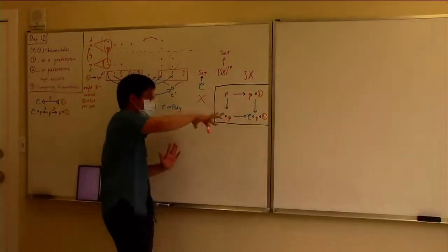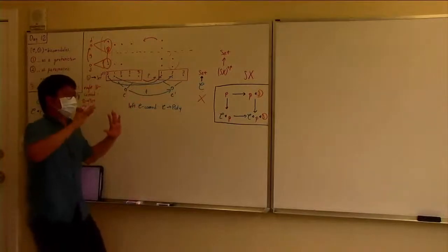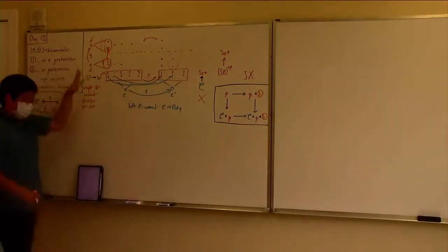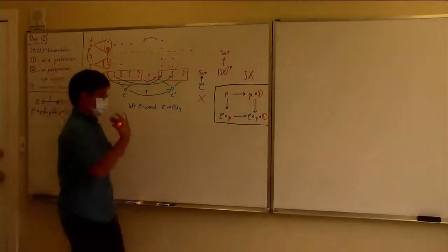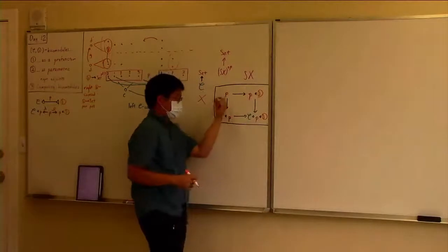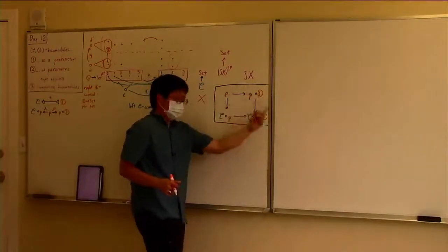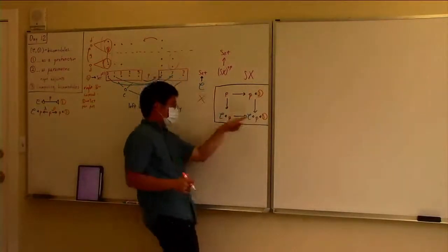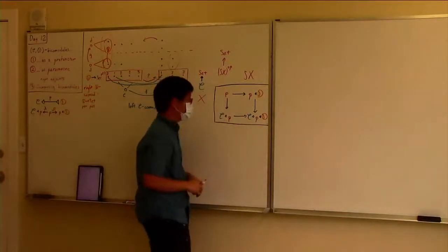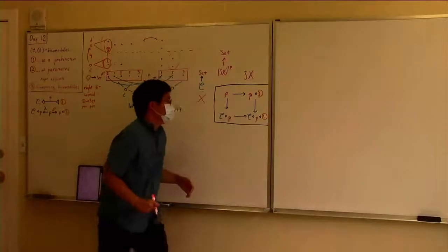It's our only condition, right? Everything else about this definition is just a left C comodule and a right D comodule. And then there's one condition that tells you how the right D comodule action is compatible with the left C comodule action.